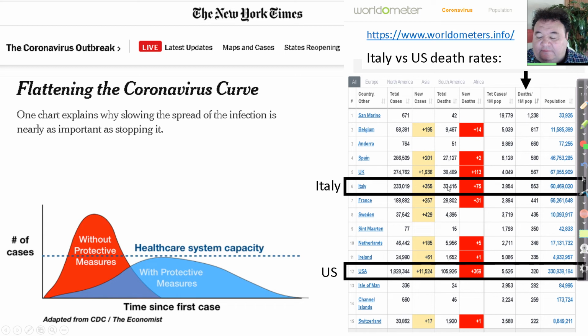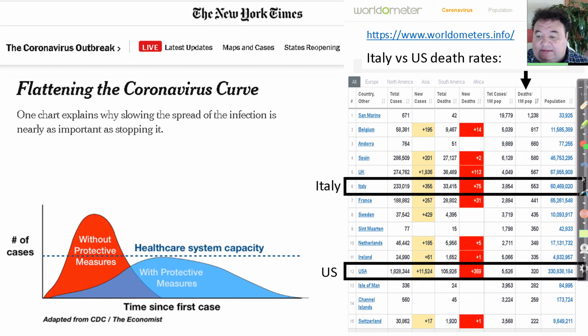The number of deaths is over 33,000 over a population of 60 million, so the death rate is 553. While the US, although it has the largest number of deaths, also has a very large population. In fact, it's like 5.5 times Italy. So the death rate is actually 320, so quite a bit lower.